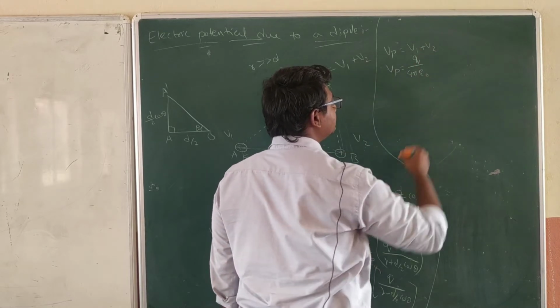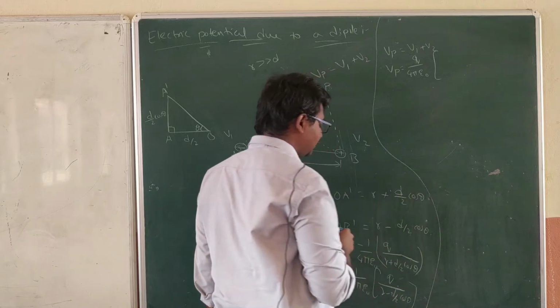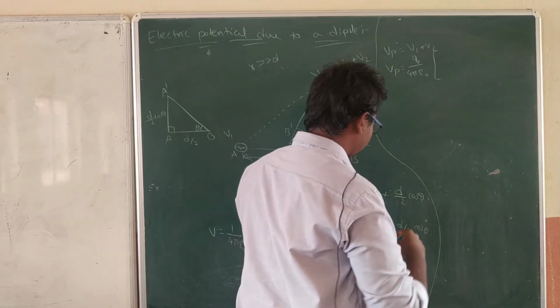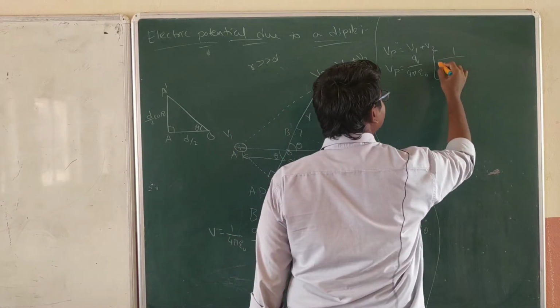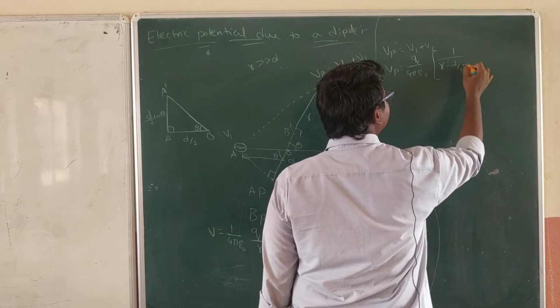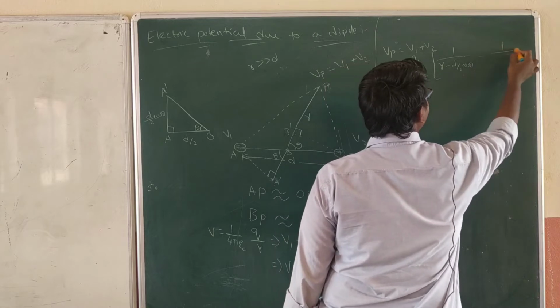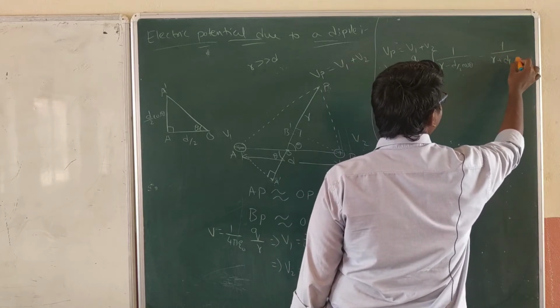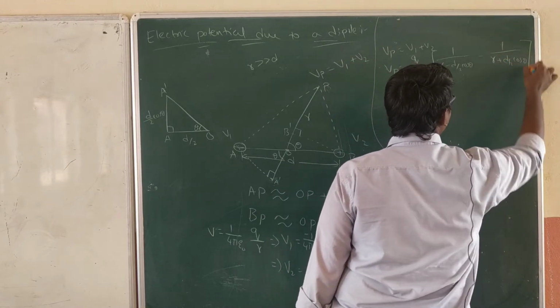Q is also a constant value, we can take them common outside. And next what we got here, 1 by (R minus D by 2 cos theta) minus 1 by (R plus D by 2 cos theta), right?